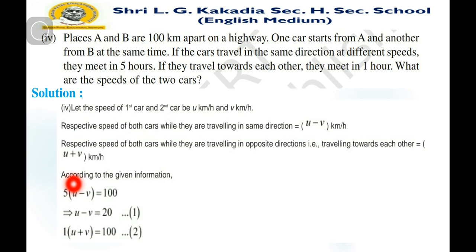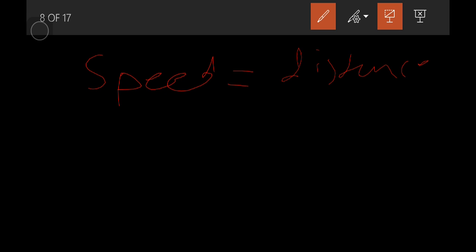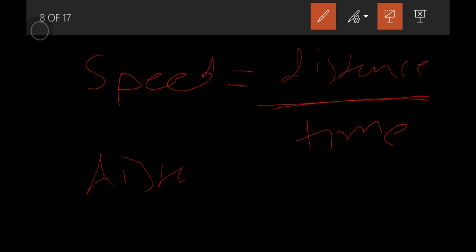Now we know that the formula of speed is distance divided by time. So if you want to find distance, then distance is equal to speed into time.